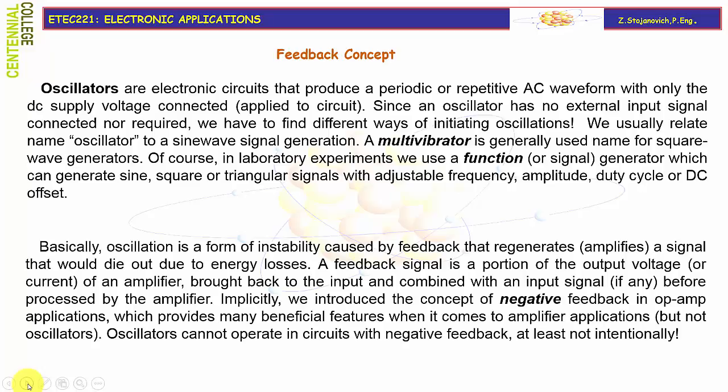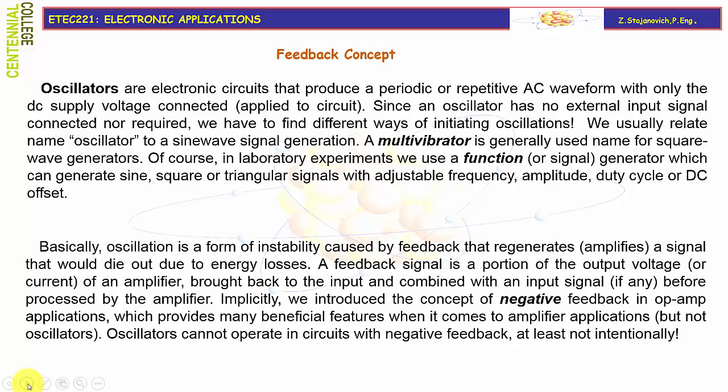Basically, oscillation is a form of instability caused by feedback that regenerates or amplifies a signal that would die out due to energy losses. A feedback signal is a portion of the output voltage or current of an amplifier brought back to the input and combined with an input signal, if there is any, before being processed by the amplifier.